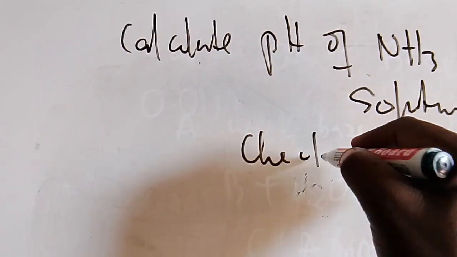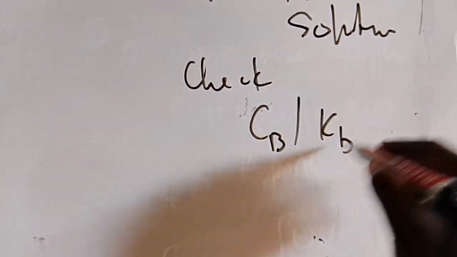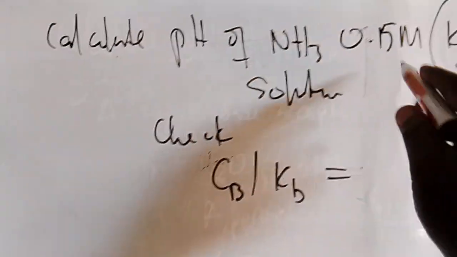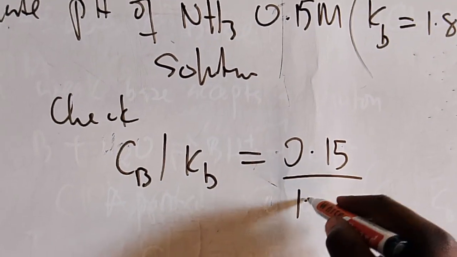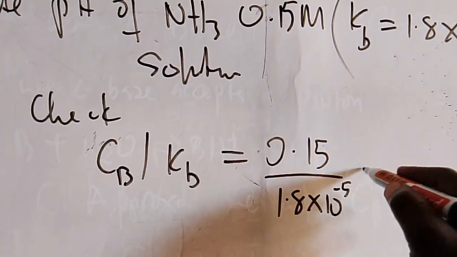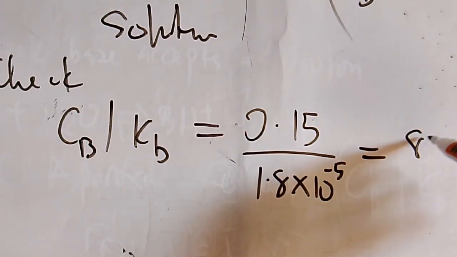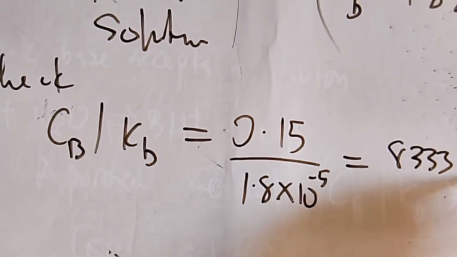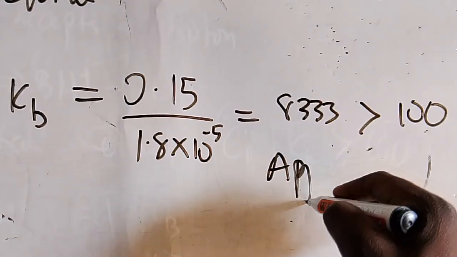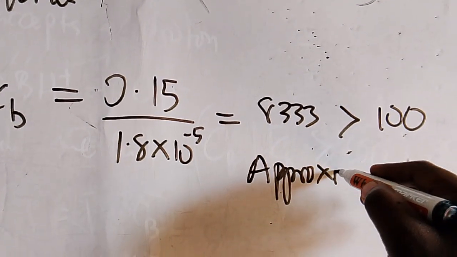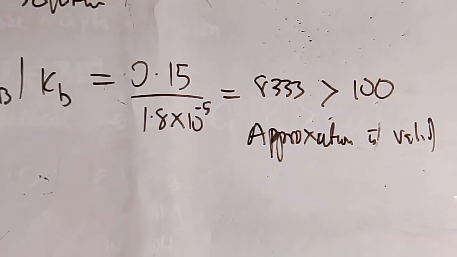Check Cb over Kb. The concentration of the base is 0.15 molar, and Kb is 1.8 times 10 to the power negative 5. Dividing, we get 833, which is greater than 100. So the approximation is valid.